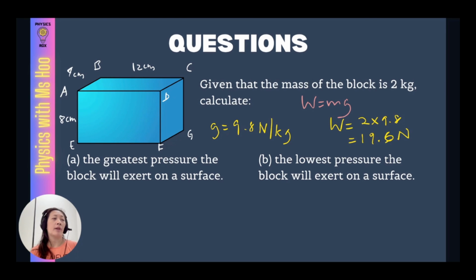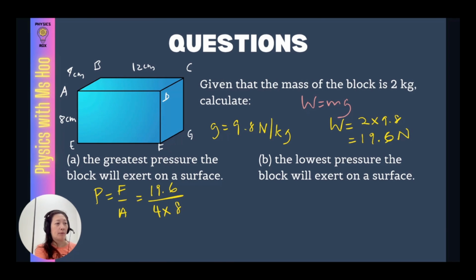So to solve the question, we know that the greatest pressure is on the area which is the smallest. So we'll write here P equals F over A, where F is the weight of the block, which we've already calculated as 19.6. The smallest area visible to us is CDFG. So to calculate the area of the surface, we just need to take the product of both these dimensions. So that's 4 times 8 centimeters.